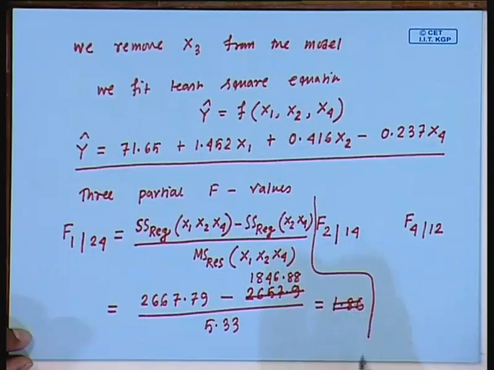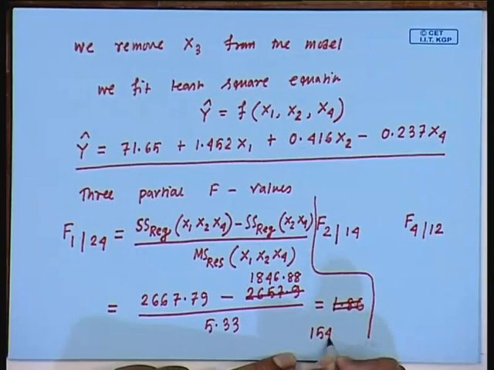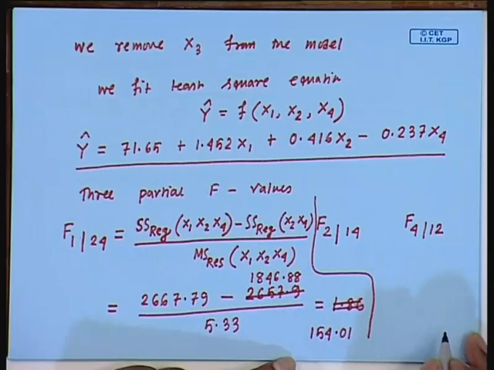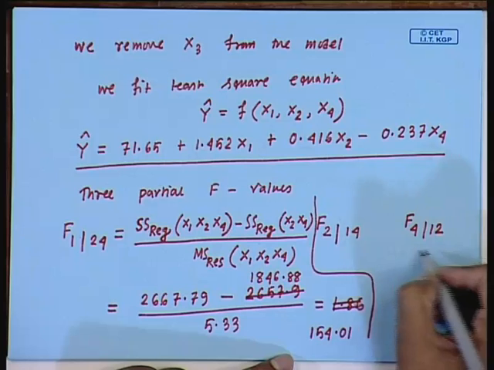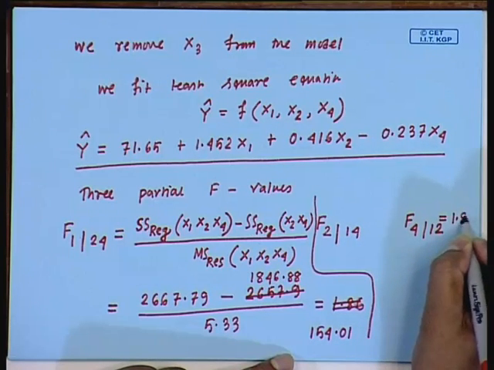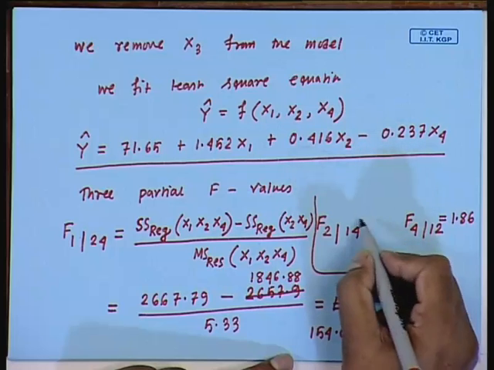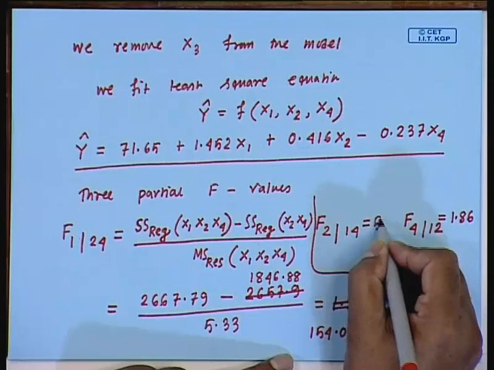The final value here is 154.01. Now, you can check that the value of this partial F statistic is 1.86, and the value of this other partial F statistic is 5.03.